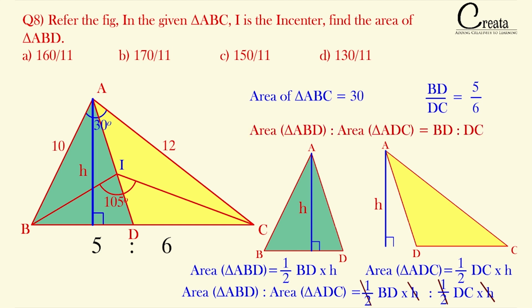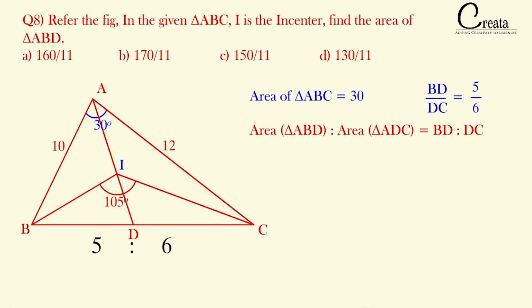So the ratio of the area of triangle ABD to the area of triangle ADC is equal to BD upon DC, that is the base of these triangles. And we know BD upon DC is equal to 5/6. So the ratio of the area of triangle ABD to the area of triangle ADC is 5/6.